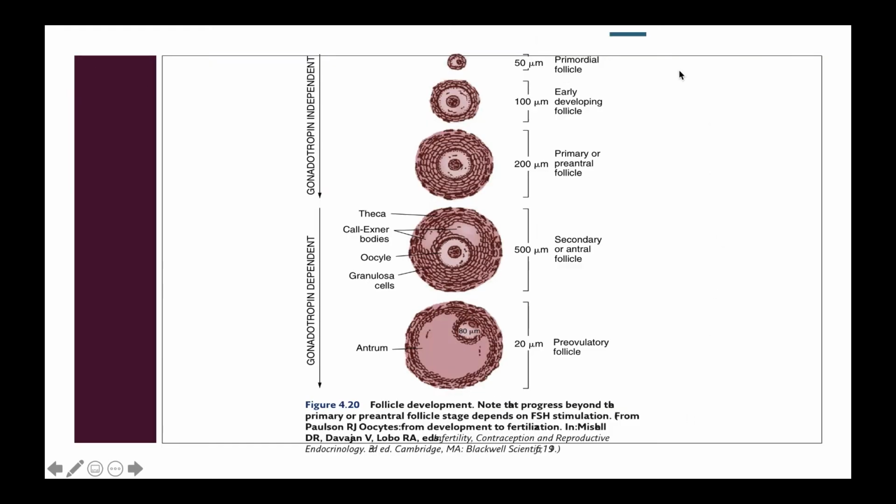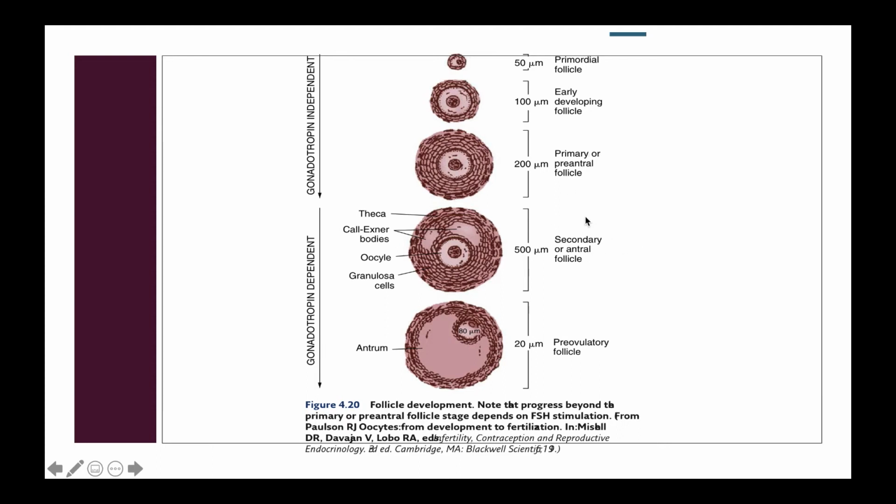Now, just a quick review of ovarian folliculogenesis. So, the growth of the primordial follicle up to its primary or preantral follicle stage is largely gonadotropin independent. What does that mean? It means that it does not need any gonadotropin or the influence of FSH to increase its size or develop into a primary or preantral follicle.